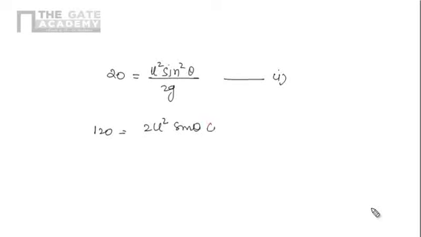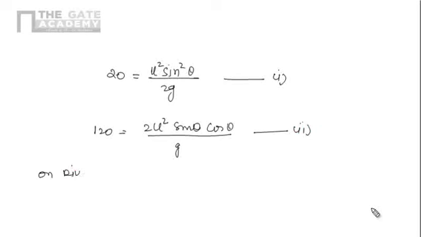Again writing the equation here, 20 equals u square sine square theta by 2g. Let's say it's equation number 1. And the second equation is 120 equals 2u square sine theta cos theta divided by g. Let's say it's equation number 2.